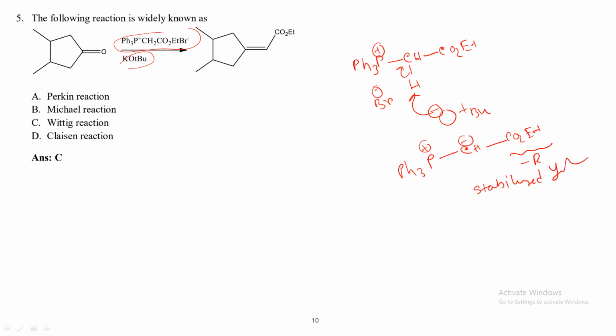this is a stabilized ylide, right? Stabilized ylide. So now our Wittig species is generated, and here the keto moiety is over there, so the reaction would occur. So this minus would attack this center, the keto center.